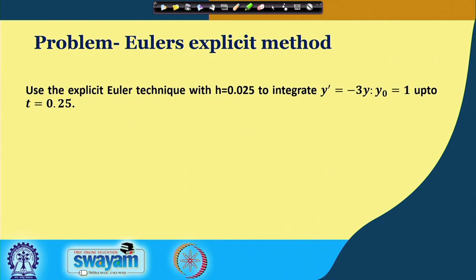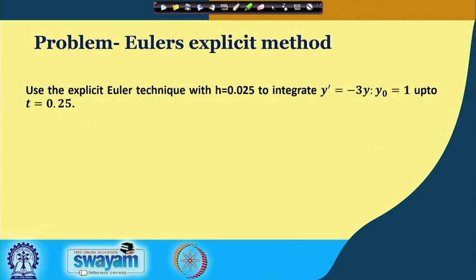So, I will not be going into those derivations and all sorts of the methods, but I will suggest you that you please go through the dedicated books or lectures on this numerical analysis, so that you can find out the background of the various methods and their derivation, so that you can go with some different types of numerical techniques and understand their applicability for various types of problems.